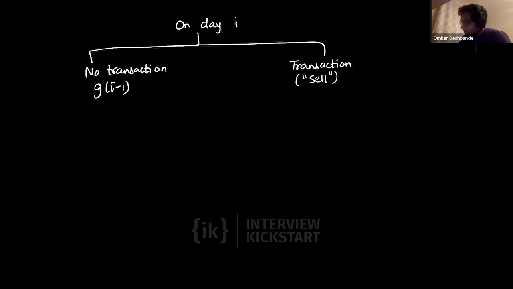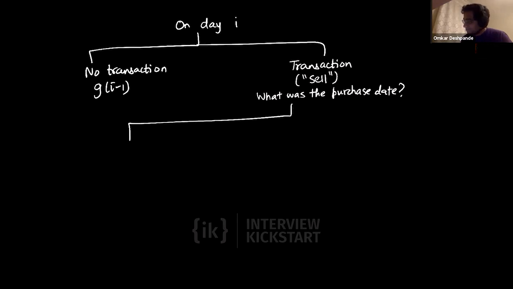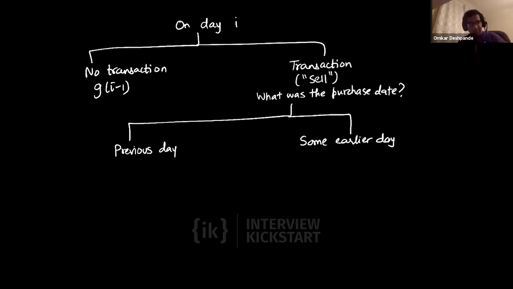And so if we ask what was the purchase date for that sell transaction, we'll divide it into two categories again, previous day, and group together the earlier days with the hope that we can just collapse all those cases into some optimal case for our subordinate, which we will just use and extend.